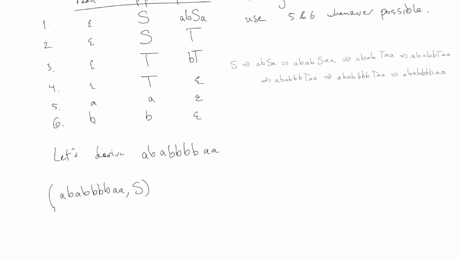On the stack machine, like I said, I am going to try to do the same steps in the same order. I can either do step 1 or step 2 at this point, because they're both read epsilon, pop S, and I do have S on the stack. I'm going to start by doing step 1, which was the first grammar step that we did.